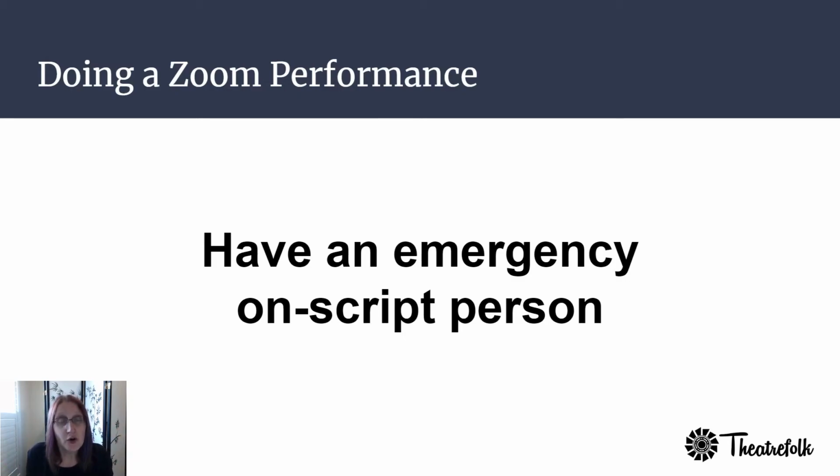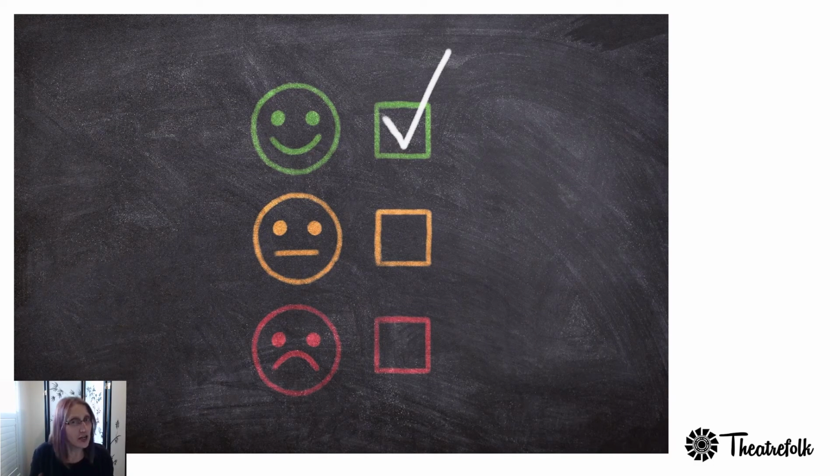This might be a good job for an assistant stage manager. And another reason that technology is not your friend is that you have to be aware and you have to be okay with the varying degrees in picture quality and mic quality from your students. The show will not be perfect, and it's just the way it is, and it's okay.